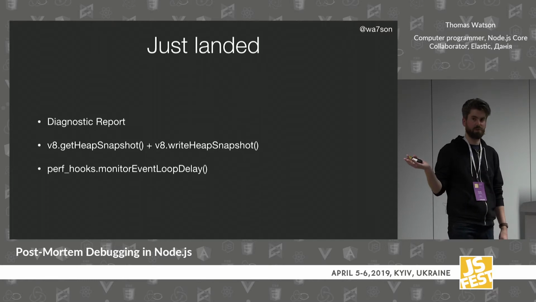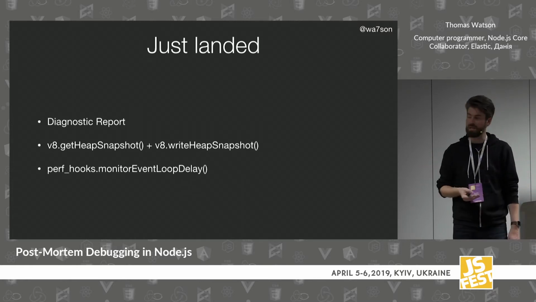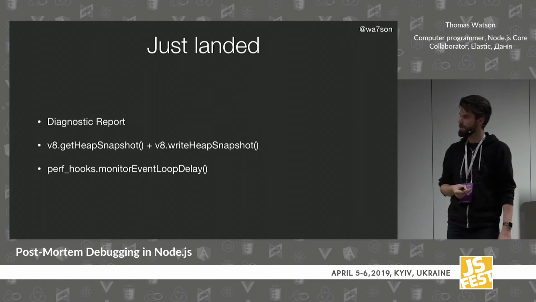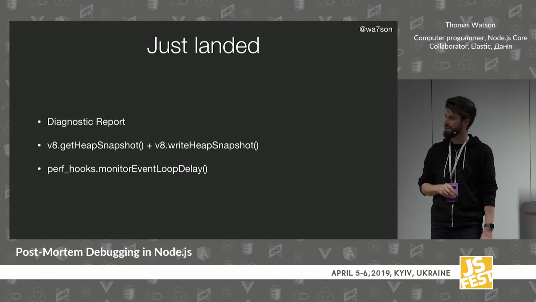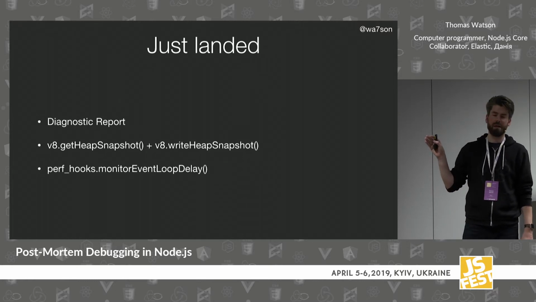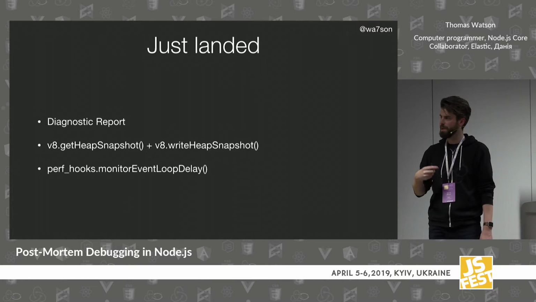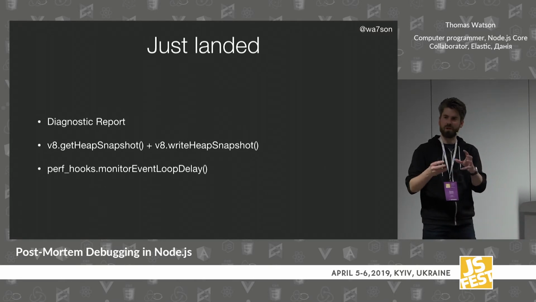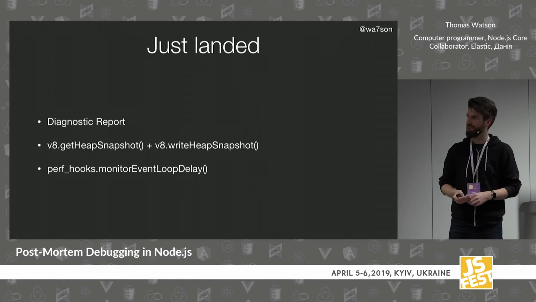Here are some examples of things we recently landed in Node Core. There was the diagnostics report that you just saw. There are the get heap snapshot and write heap snapshot commands that we also just saw. And then there's another one I haven't covered here, but I wanted to mention it, which is super, super cool: monitor event loop delay. If you're putting too much work on the event loop, because JavaScript is still running in one of the many threads, it can only do one JavaScript operation at a time.